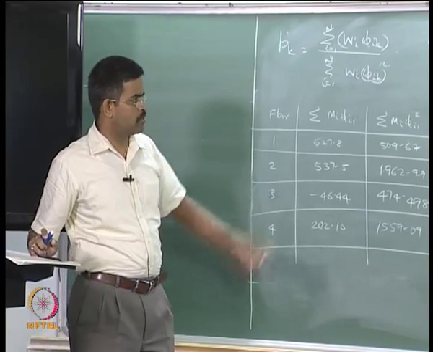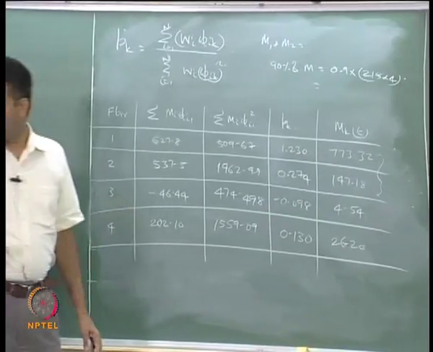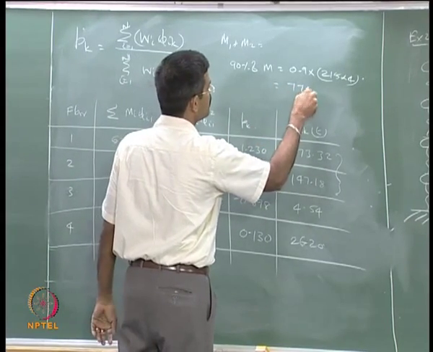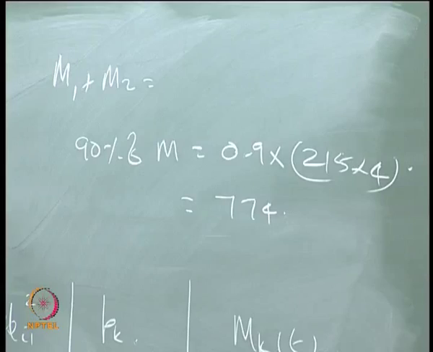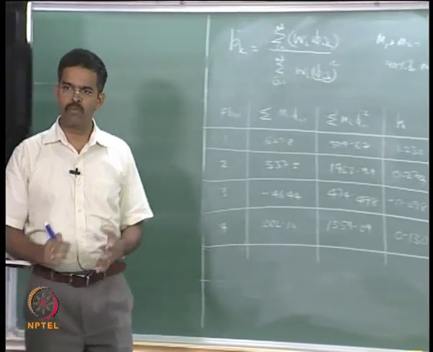There are 4 floors of 4 mass points, each is 215, this becomes 774. Okay, you can see here approximately my first mode itself is contributing to 90% of the whole system.